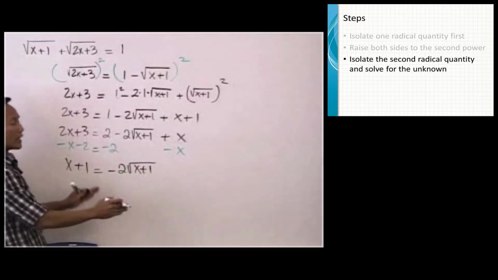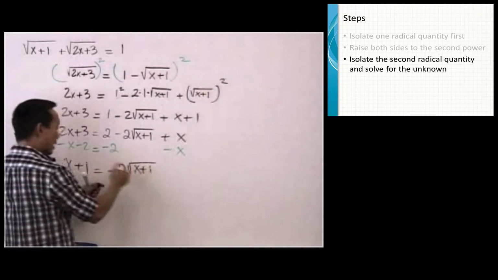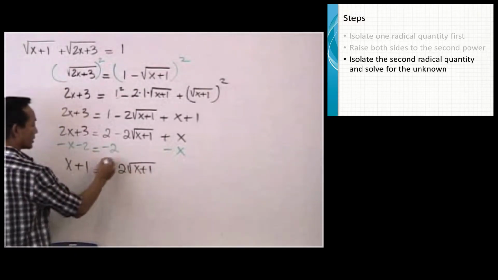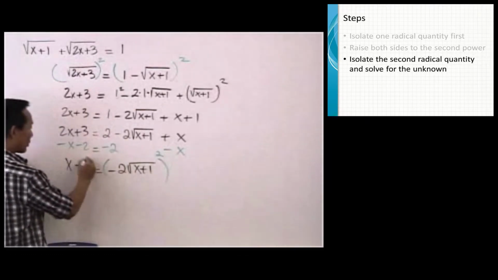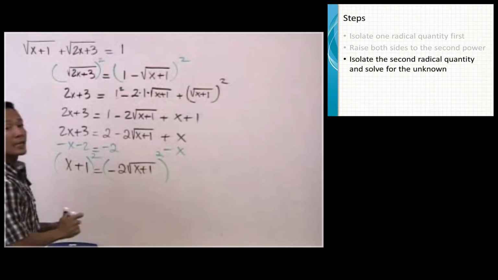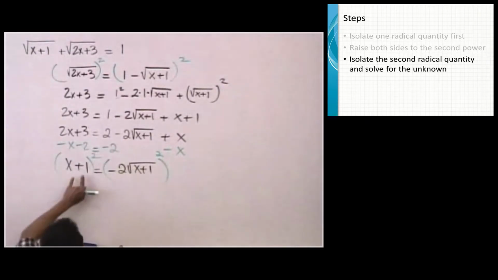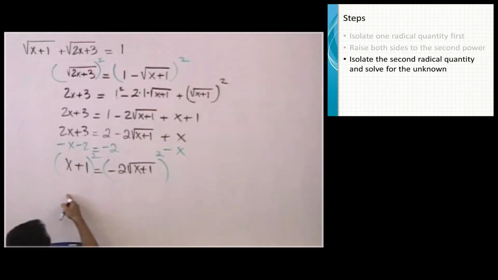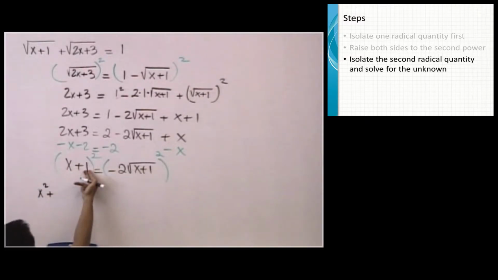And then we raise the right side to the second power, and we raise the left side, x plus 1, to the second power. Okay? And then on the left, I am going to perform a plus b to the second power. So I have a squared plus 2 times ab plus b squared. In this case, a is x, so x squared, plus 2 times x times 1, 2x, plus 1 to the second power is 1.